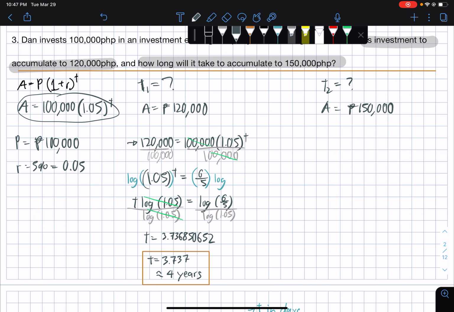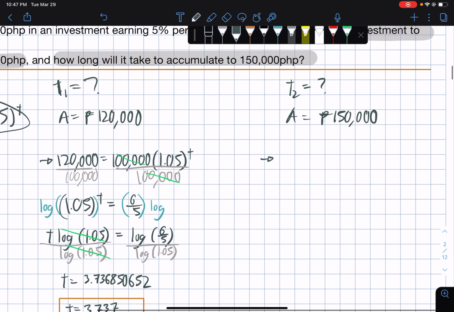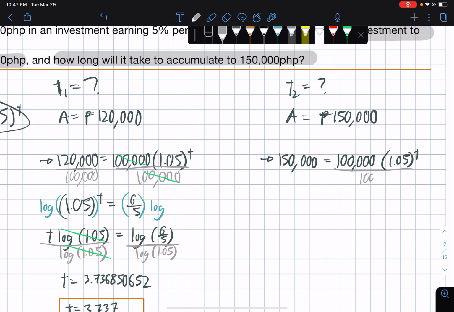Let's see when it comes to assuming that the accumulated value would be 150,000 pesos. Here, we do the same process. Only difference is the additional 30,000 pesos. Divide both sides by 100,000. Cancel. Then 1.05 raised to t is equal to 15 over 10, or in other words 3 over 2.